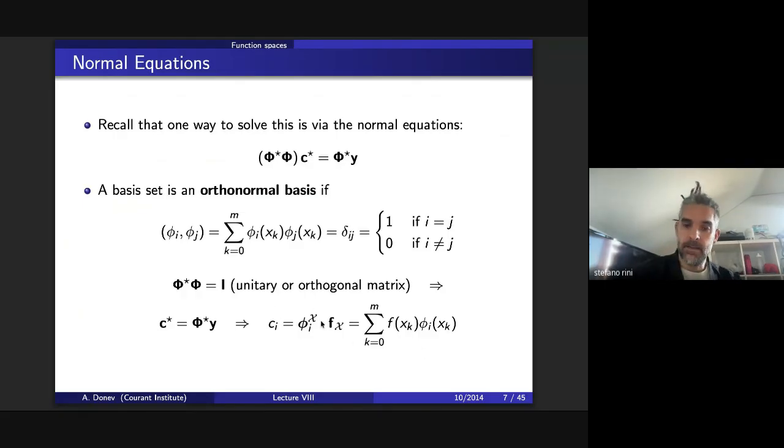function at the interval x, and then we will say that the coefficient of the function f(x_k) times phi_i is equal to x_k. So all of a sudden this is very beautiful to us, because the problem of determining these coefficients became simply to evaluate the function at the node index m, and multiplying by the orthogonal basis.